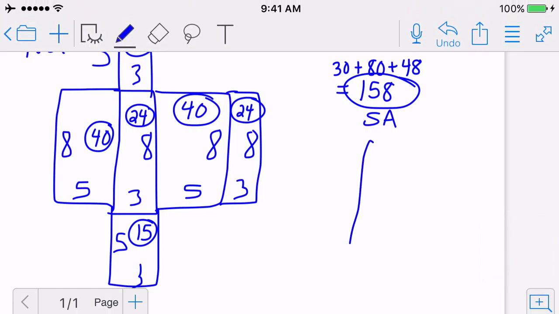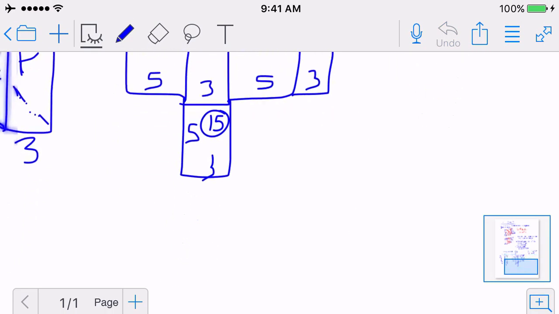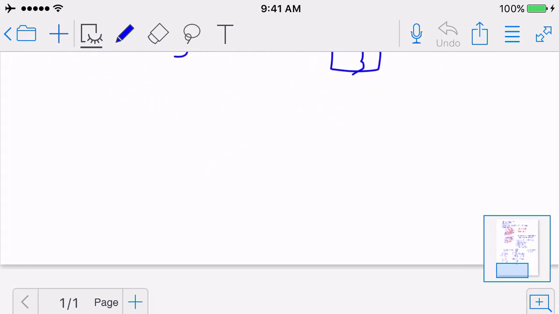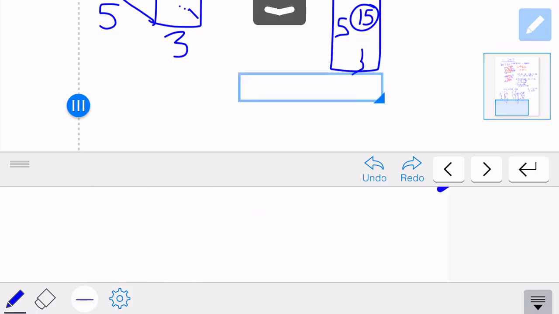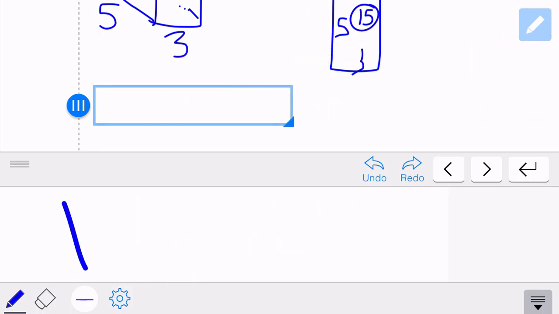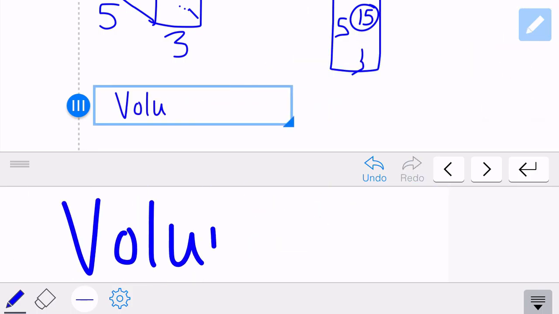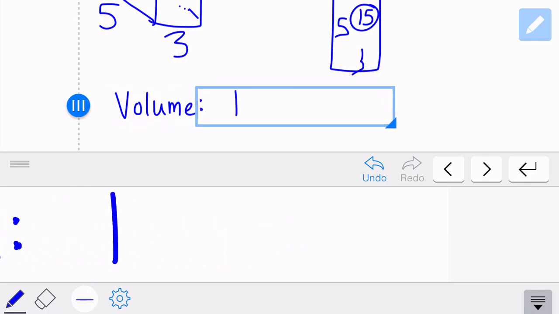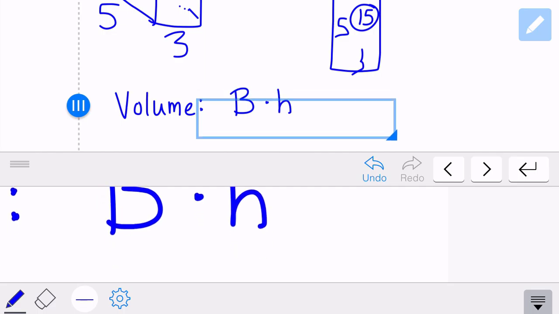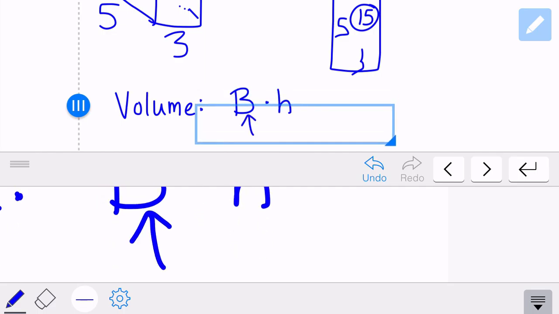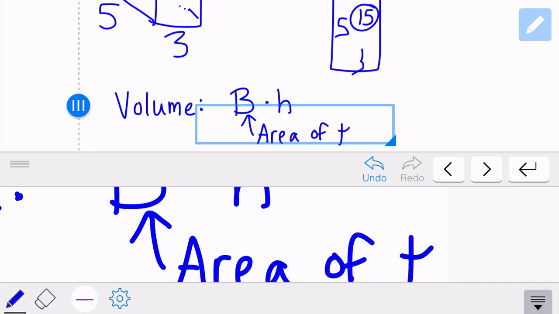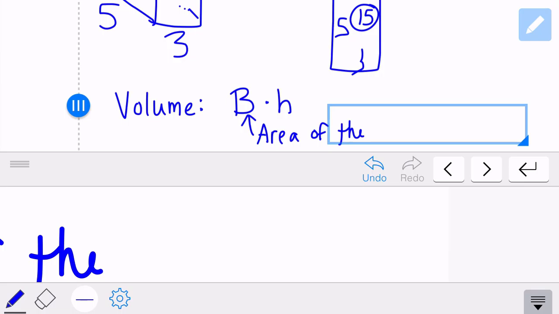Okay, what about volume? So in order to find our volume, the general formula is going to be this capital B times H. And capital B is the area of the base.